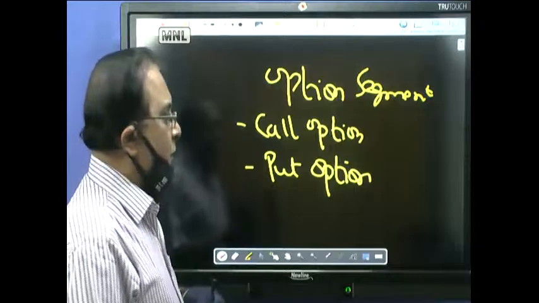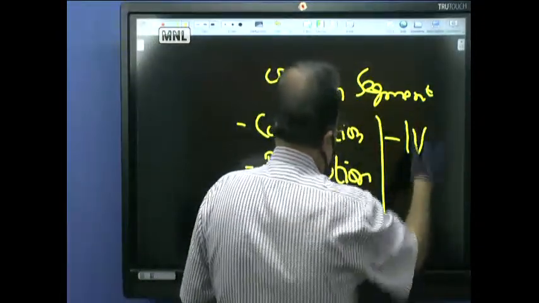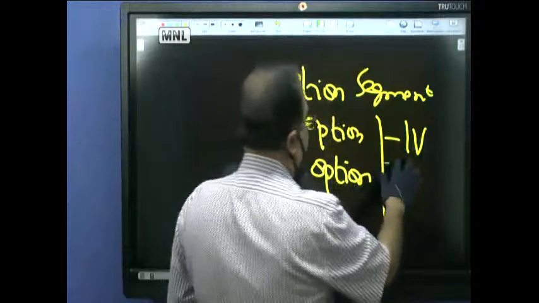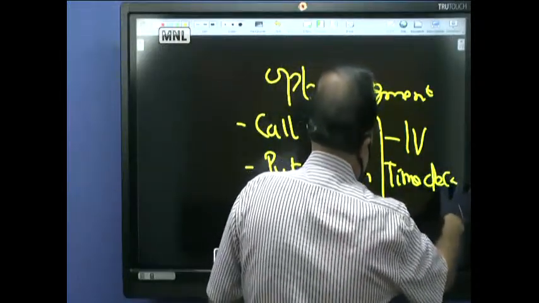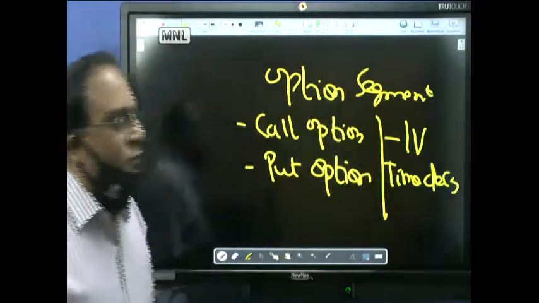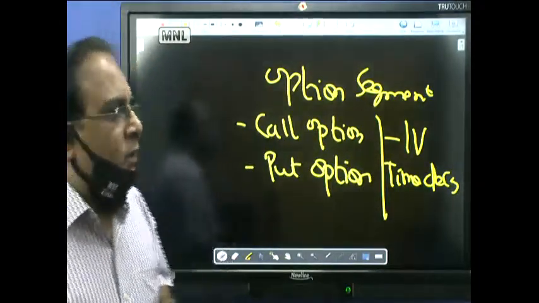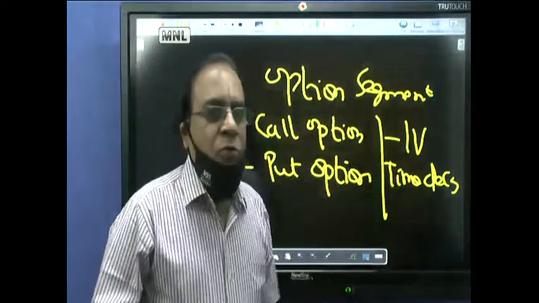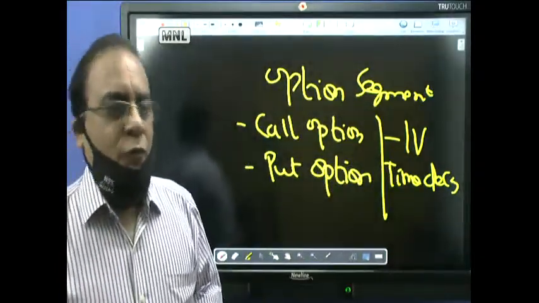Just to brush up, the important things are IV, that is volatility, then time decay. These are two important parameters which affect the option price, that means the option premium that you pay. We should understand this in order to create an option portfolio.